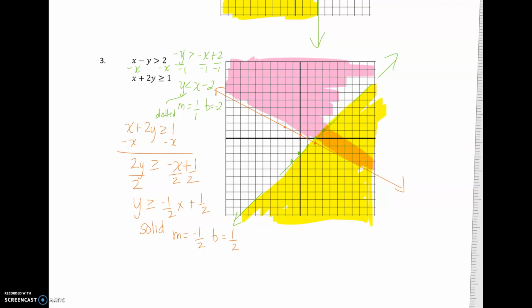So I'm shading up, and you see where I overlap. I didn't ask for a solution, but a solution would be, let's just pick that point, 1, 2, 3, 4, 4, 0. Again, the origin is not a solution, so that's always a good one.